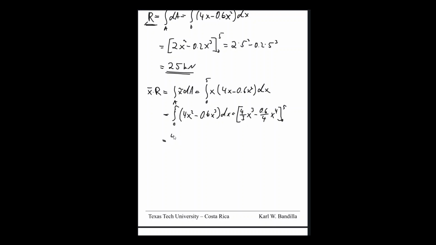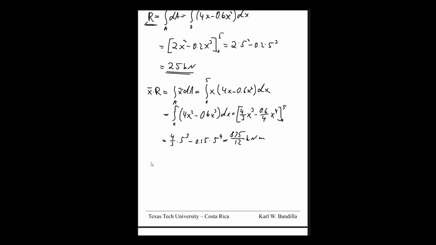So that'd be 4/3 times 5 to the 3 minus, if I divide that, 0.15 times 5 to the 4. And if I plug that in, I don't get that great of a number. I get 875 over 12 kilonewton meter.